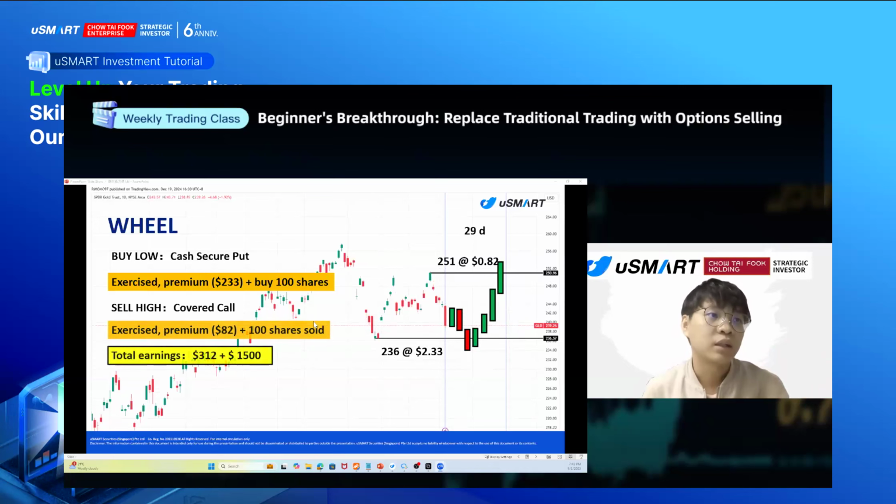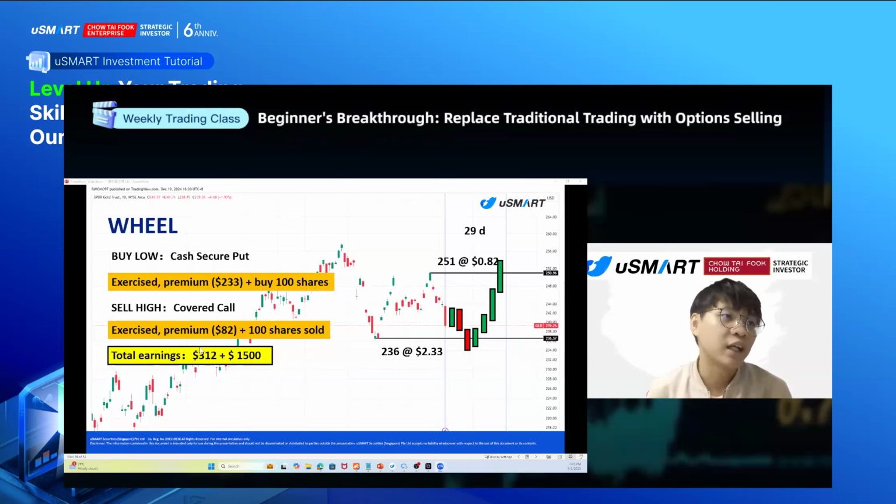So let's say it does go up and your call options get exercised, you're successful to sell high. When you're successful to sell high, you can see the total earnings here is different. Because you buy 100 shares, right? And then the 100 shares make like $15 per share, and then you'll make an additional capital gain of 1,500.